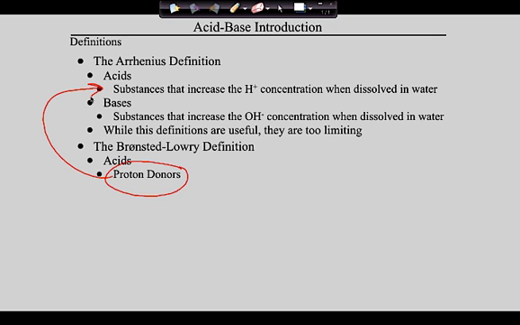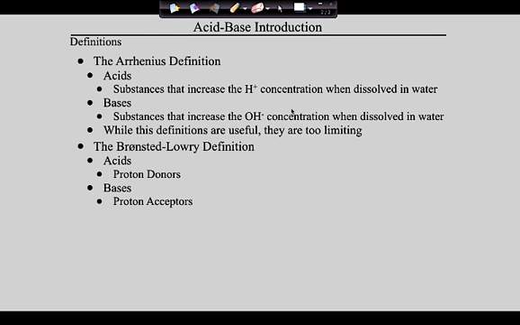Because hydrogen ions are protons, right? Do we need to talk about that, or can we just take that as the case? Okay, so the Bronsted-Lowry definition and the Arrhenius definition for acids are the same because hydrogen ions are protons. But now let's look at the base definition.